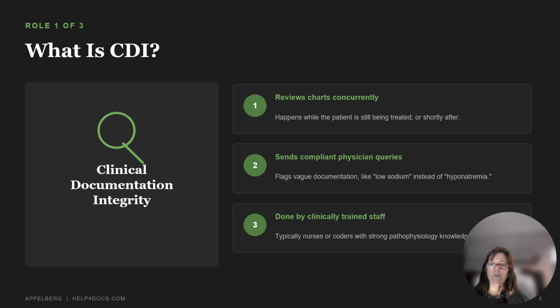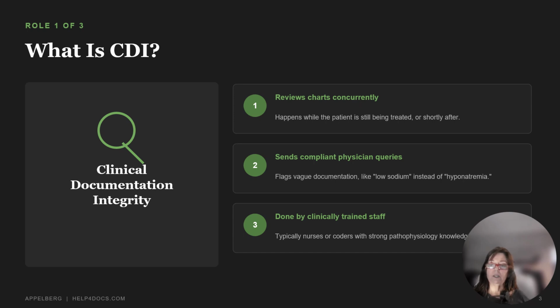Here's the thing most people outside the world of CDI don't realize. Physicians are trained to treat patients, not to write charts that satisfy coding and billing requirements. A doctor might document that a patient has a low sodium level, and that's clinically accurate, without ever writing the actual diagnosis, which is hyponatremia.